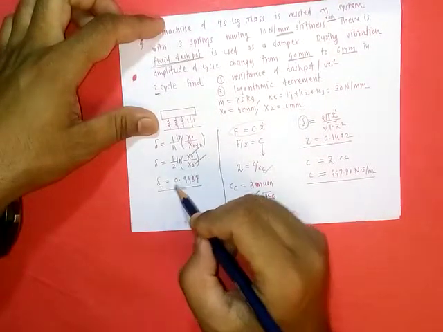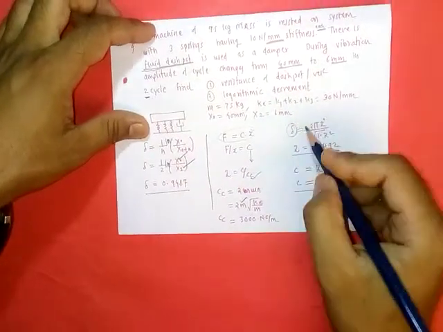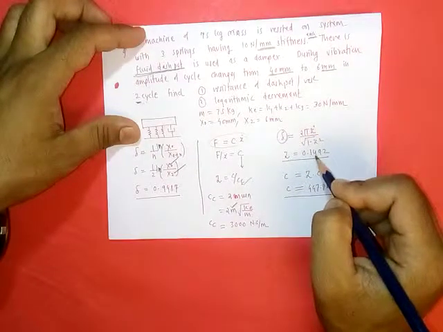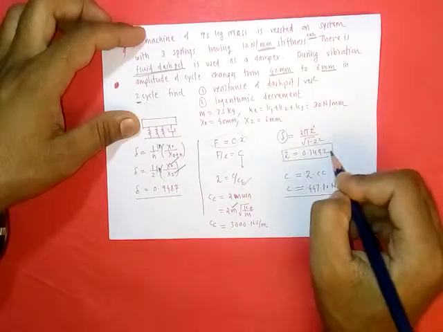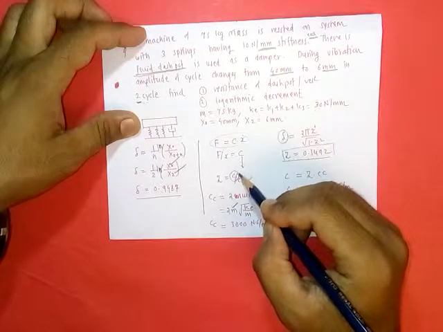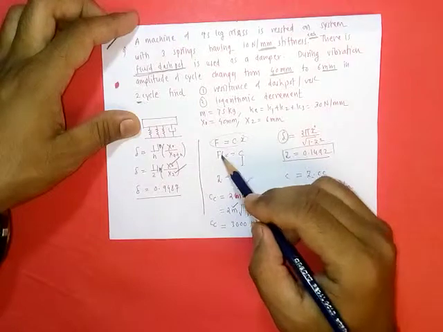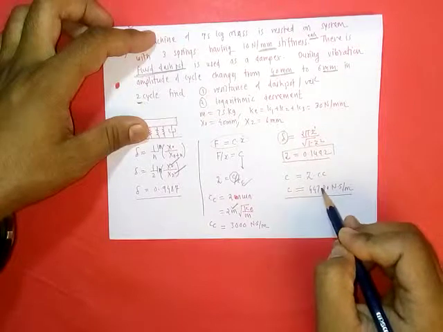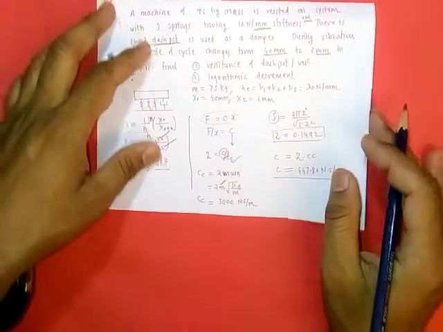So delta will be coming 0.9487, and using this value in this equation we get the value of zeta as 0.1492. And now using the value of zeta in this equation we calculate C easily, and C is nothing but the damping force or resistive force per unit velocity, and its value is coming 447.80 Newton second per meter.